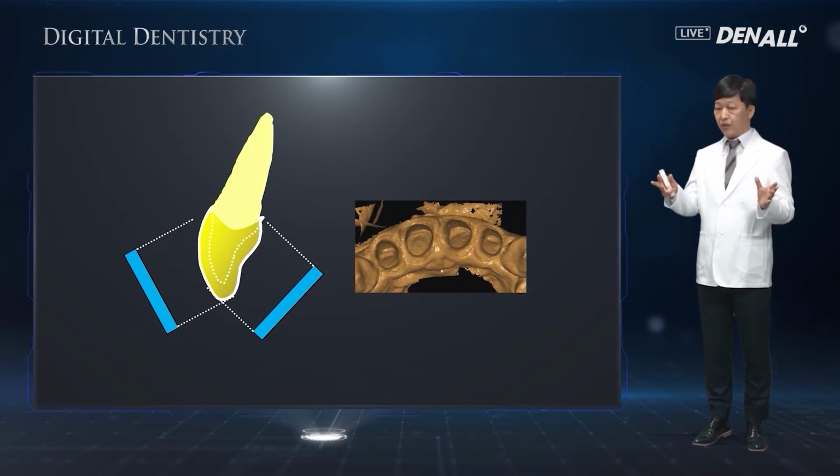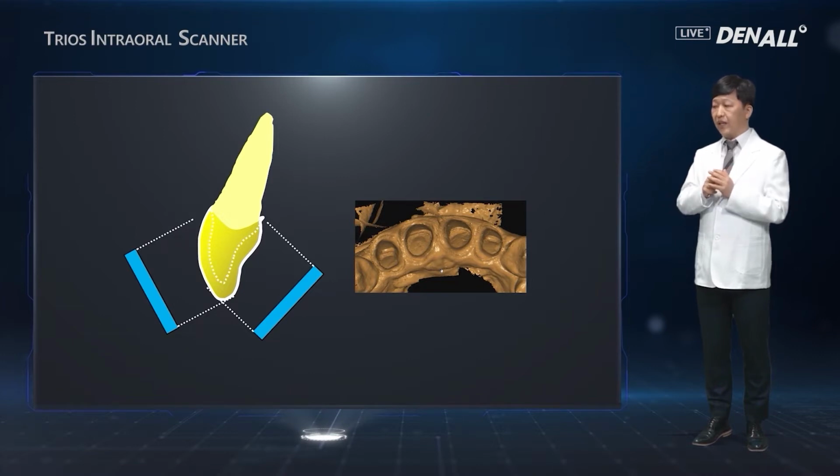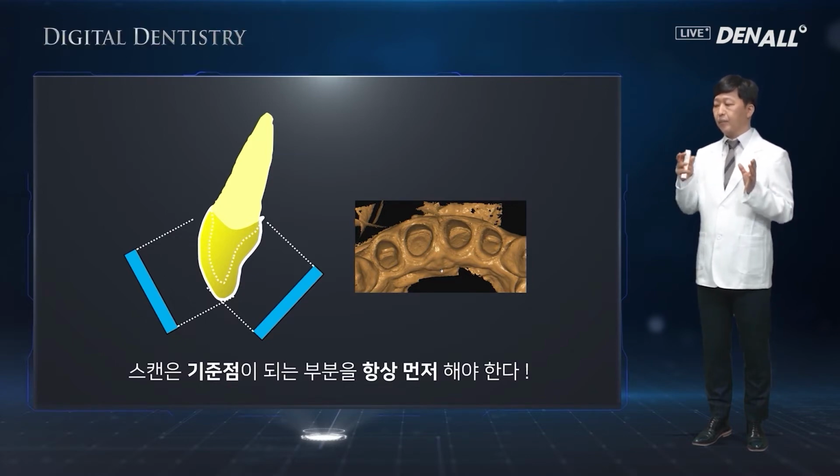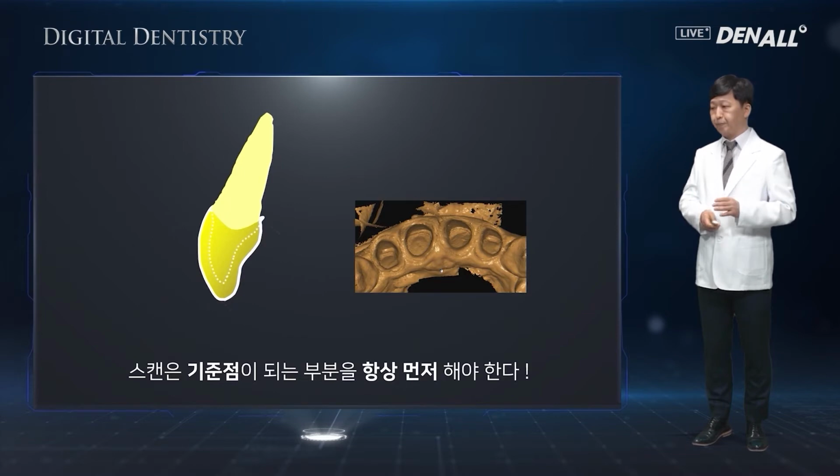Therefore, two different images are acquired and they cannot be used for designing because it is not accurate. Then how do we need to do the scanning? The reference points of the scan need to be scanned first.